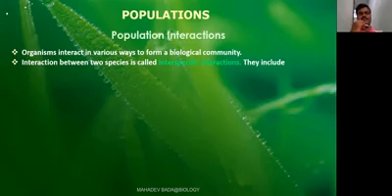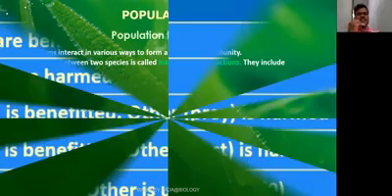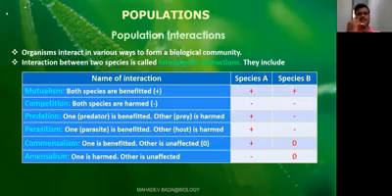Interaction within the same species is intraspecific interaction. You must remember a slight difference, interspecific, intraspecific. Interspecific interaction is a type of interaction between two species. They include the different types of interactions that are there between the species.